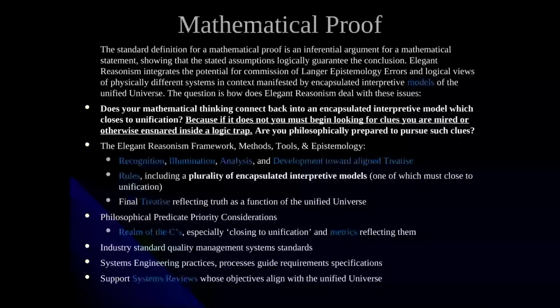Then we run all of that through the process that we have for the framework, which is the recognition phase, the illumination phase, and the analysis phase. Then we look towards developing an aligned treatise, and we have rules for that. And then the final treatise is reflected as a function of the unified universe.